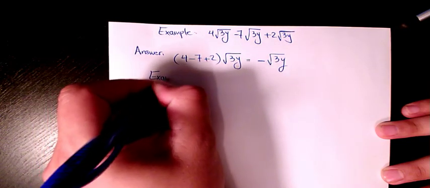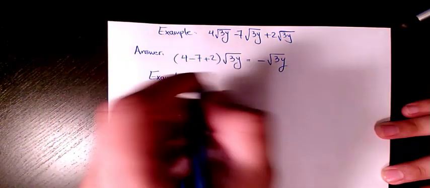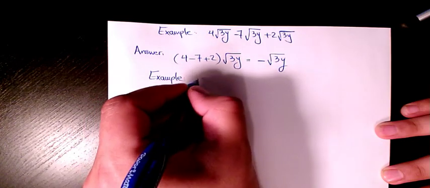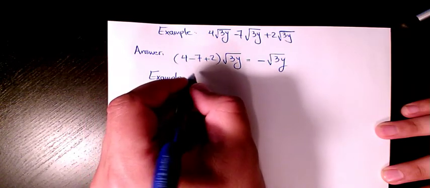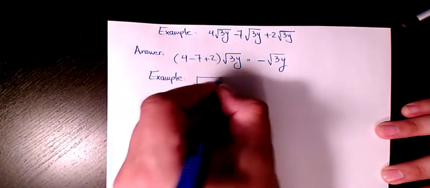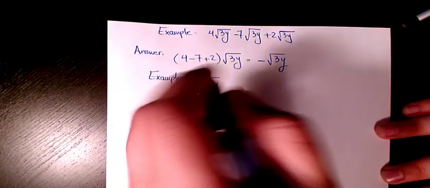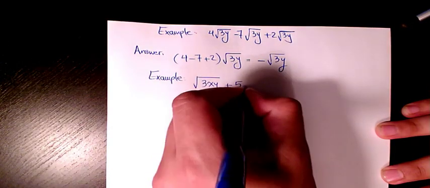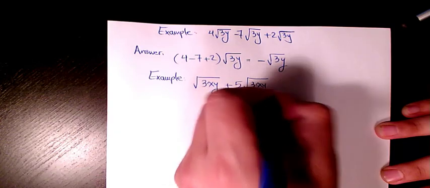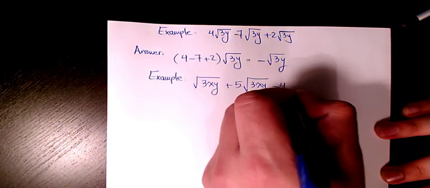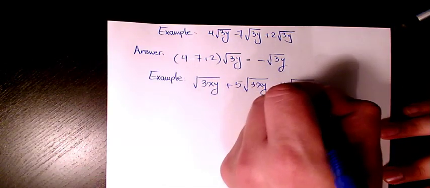Next example, root 3xy plus 5 root 3xy minus 4 root 3yx.